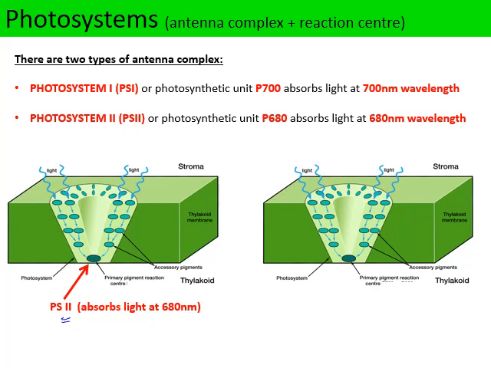So these circles that we can see in light blue are the accessory pigments. So things like chlorophyll B, beta carotene, and xanthophyll. And they absorb a wide range of different wavelengths of light.